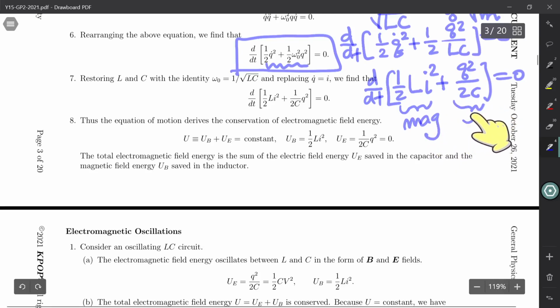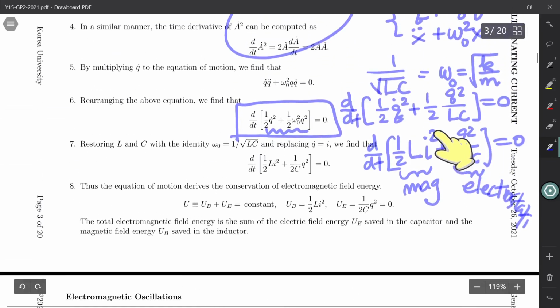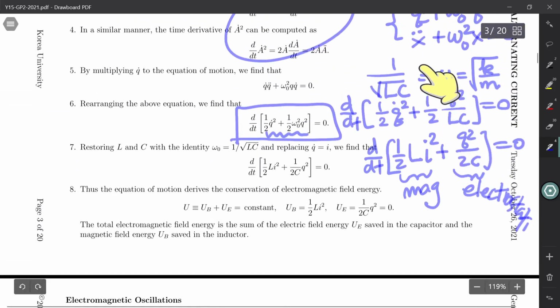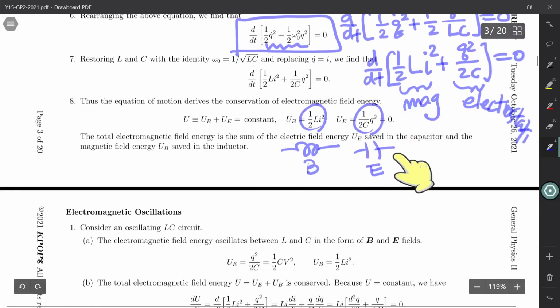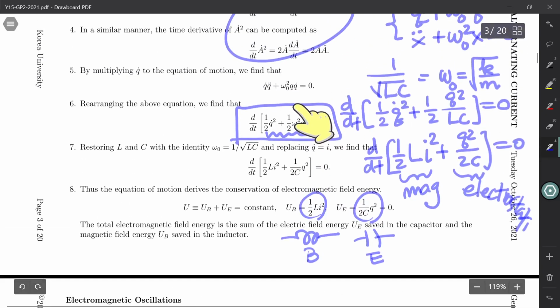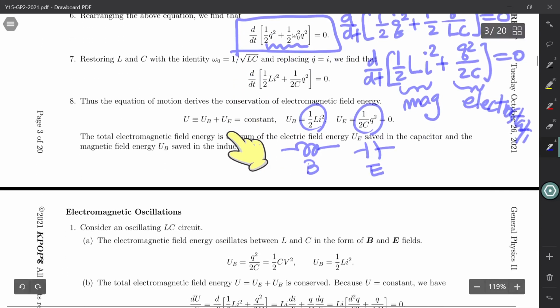This is the electrostatic field energy. The sum of the magnetic field energy and electrostatic field energy should be constant, just like the total mechanical energy conservation in a simple harmonic oscillator. The LC oscillator is mathematically equivalent to the simple harmonic oscillator.